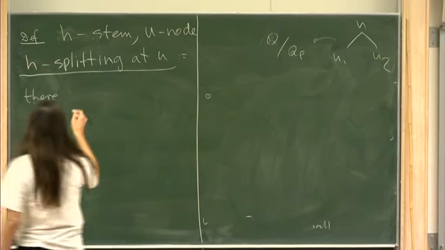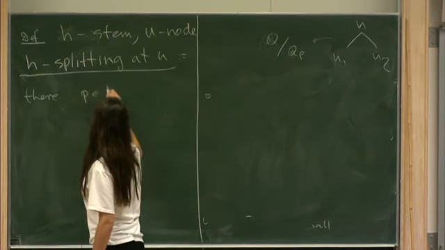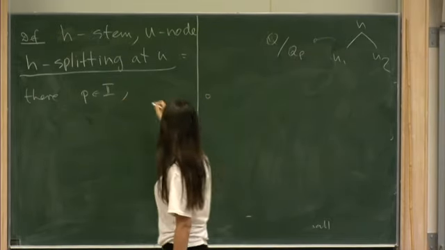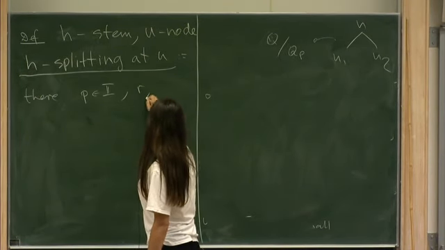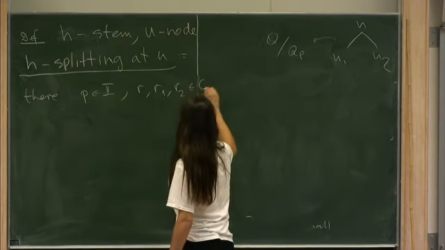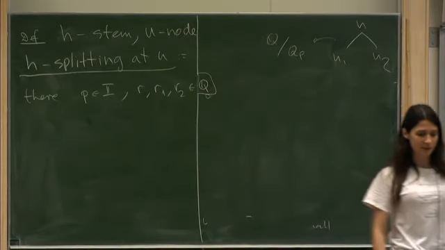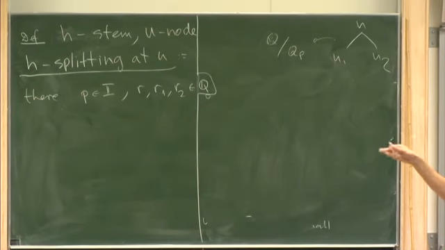If there are conditions p in I, R1 and R2 in Q, where recall the underlying set is the third coordinate of all of these mutual type forcings, R star, R p.